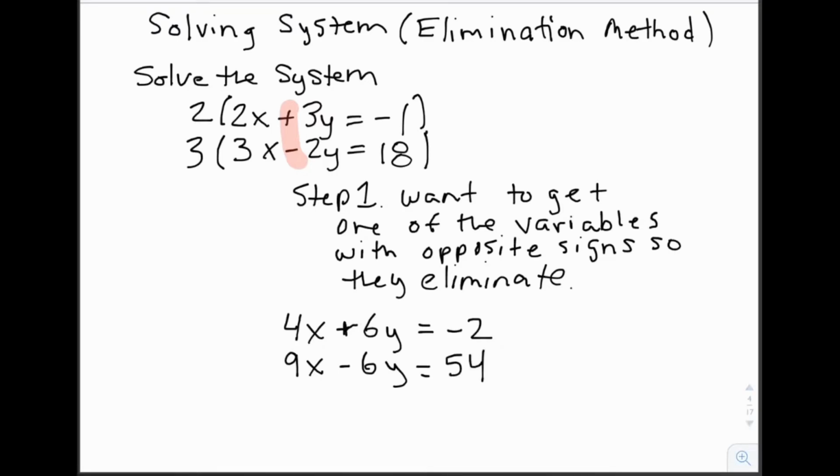So if you notice, what's going to happen to our 6y's, they're going to cancel out. So we can cancel those out, and basically you can go ahead and add what is left over.